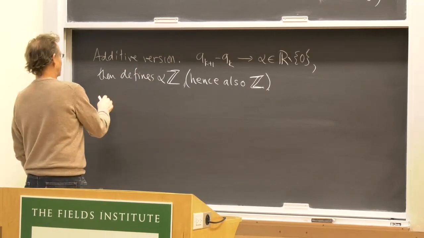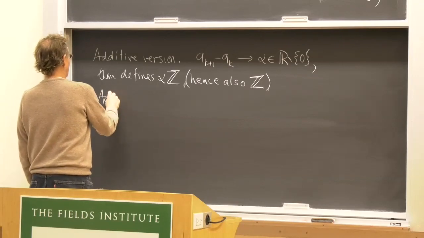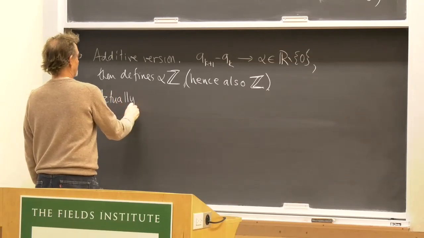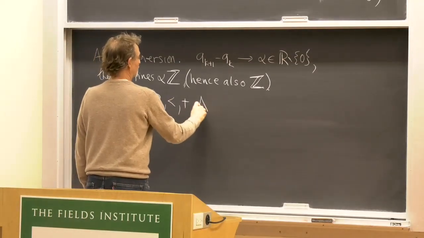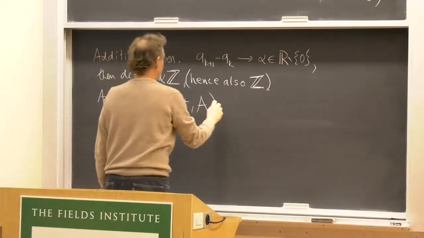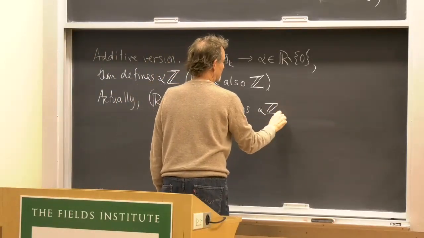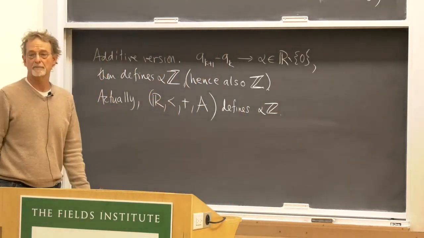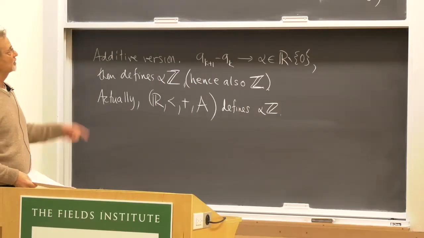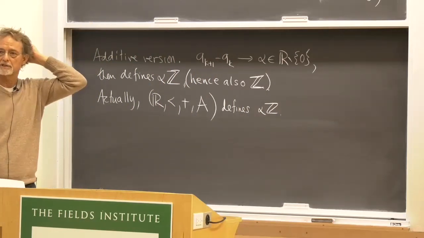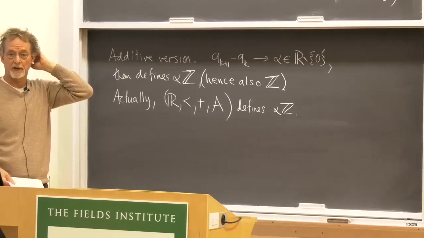What's really true, and it comes in handy maybe in some other settings, is that if we just look at the real additive group and throw the predicate on for the range here, then this defines alpha Z. So this can be useful in some more abstract settings, but the multiplicative one, because we're talking about limits, kind of seems to require also distance and multiplication and things.